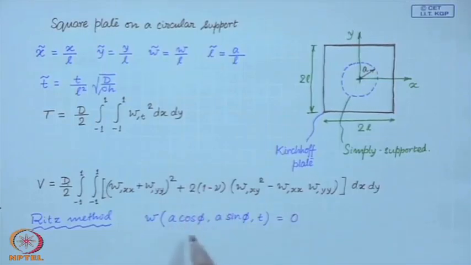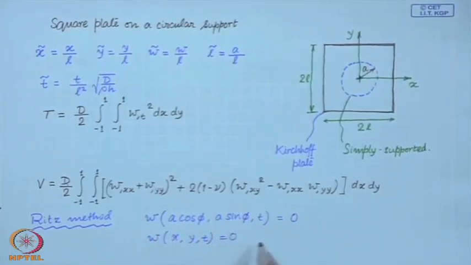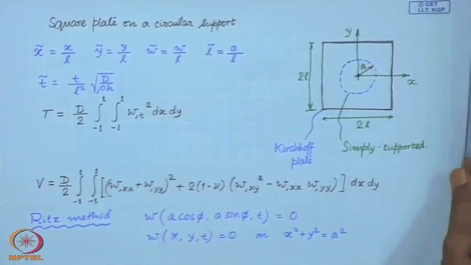So, if I parameterize this circle using this angle phi, then this is the boundary condition. In terms of x y, I can write it in any one of these ways.